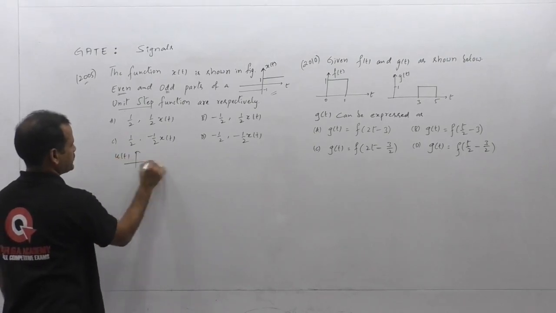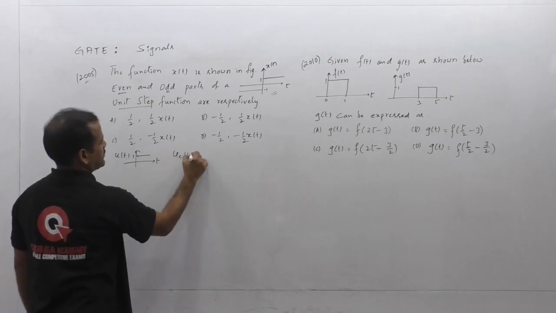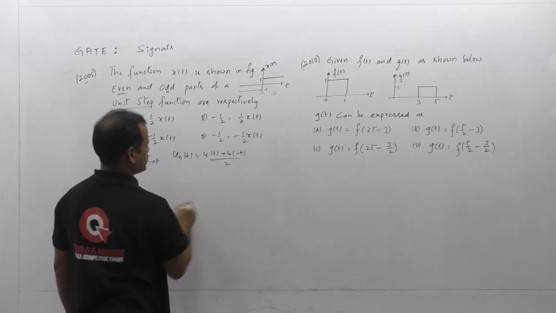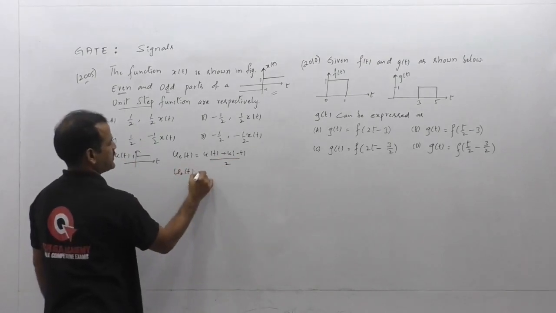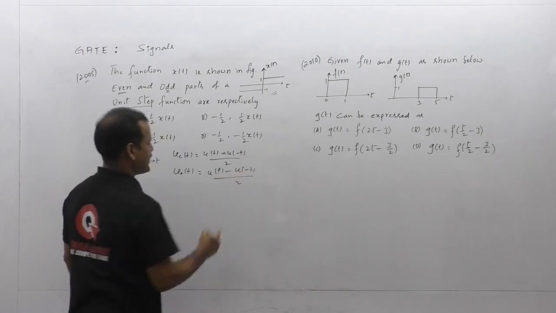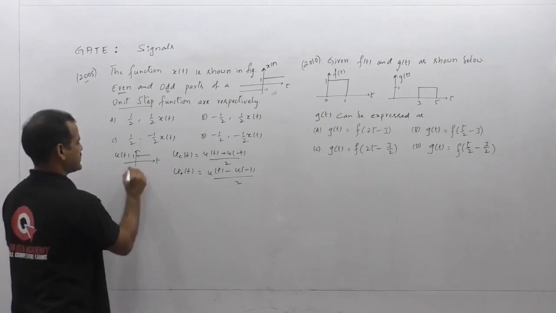u of t. The even part is given by the formula u of t plus u of minus t divided by 2. The odd part of the step function is given by the formula u of t minus u of minus t divided by 2. So from this formula let us first find the even part of the unit step function.